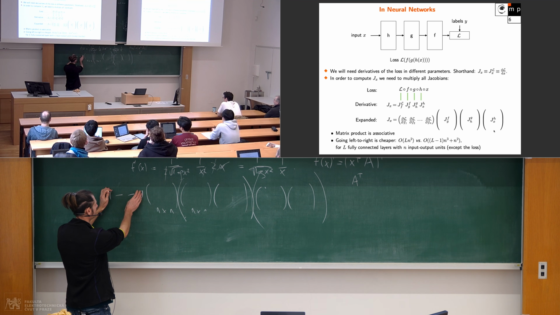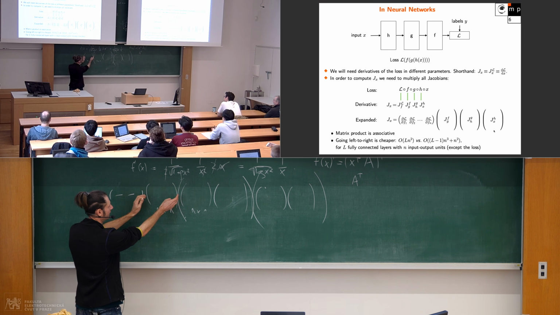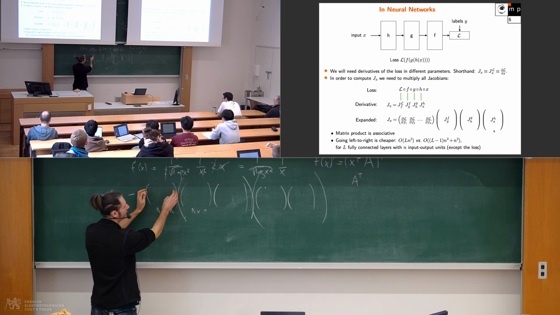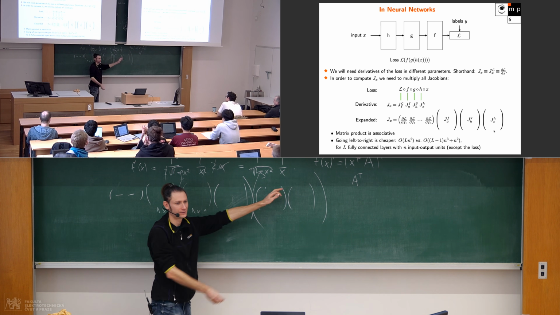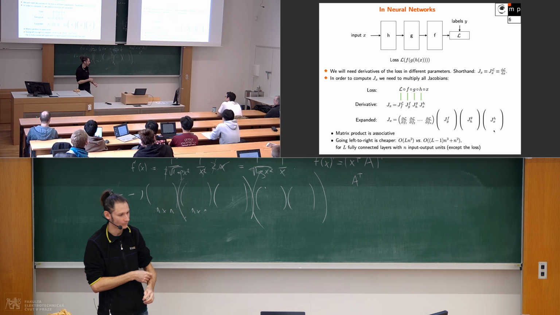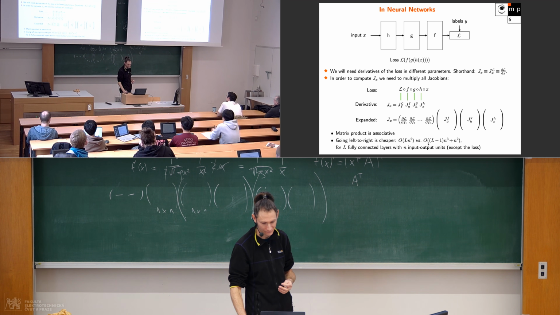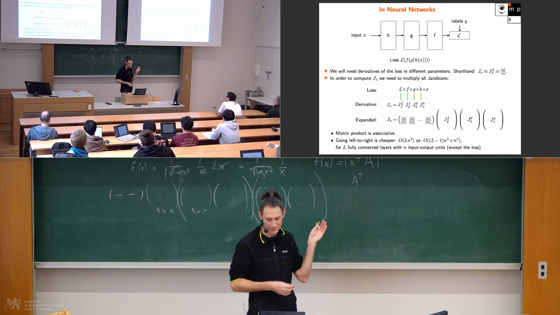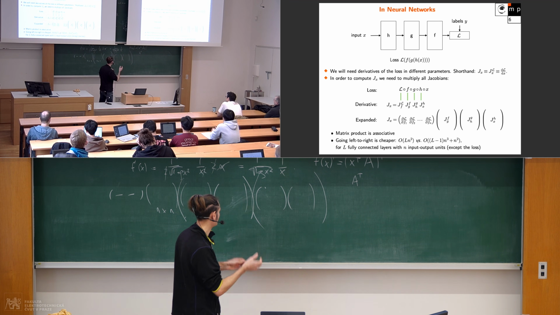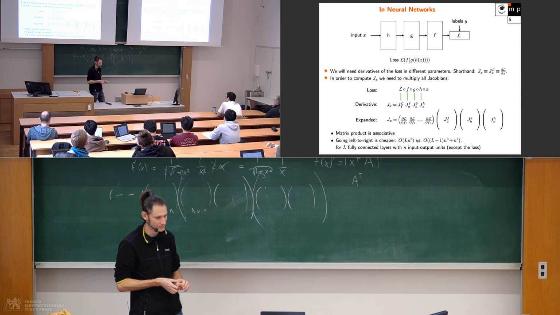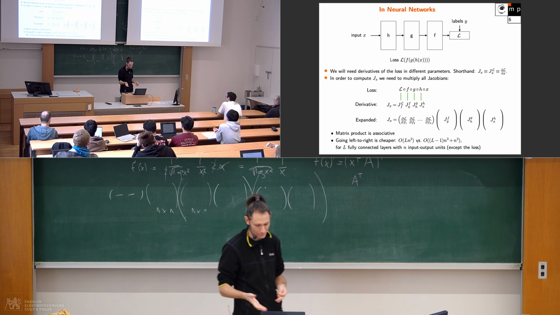If you have this row vector, multiplying it with the matrix is n squared complexity, and then the result is a row vector again, and then we can keep reducing this, and this will give us a total complexity of about n squared times the number of layers. Versus if we start multiplying these matrices, we're going to get n cube somewhere, and so that's not as efficient.